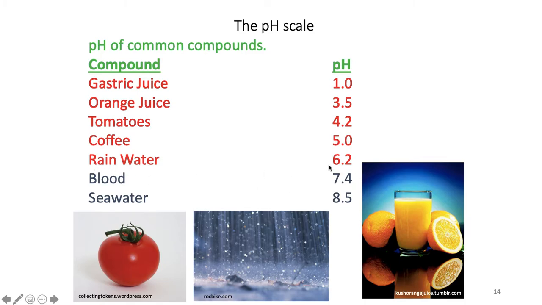Now let's talk about all of these compounds that we consume, well, some of these anyway, we consume, and that are acidic. Rainwater, we don't consume rainwater, but we have to deal with it. Rainwater is 6.2 pH, which means it's less than 7, which means it's acidic.